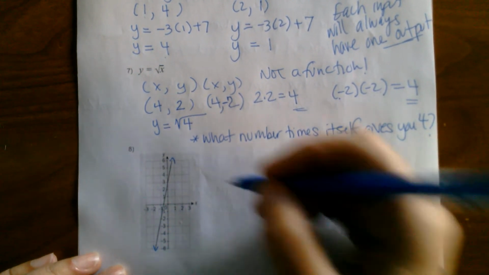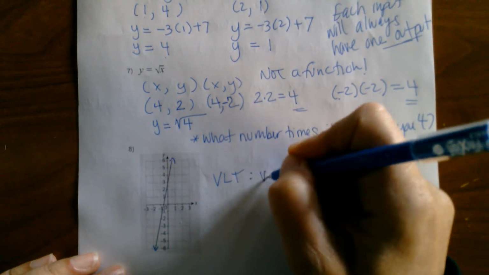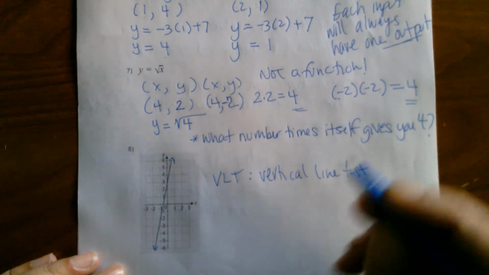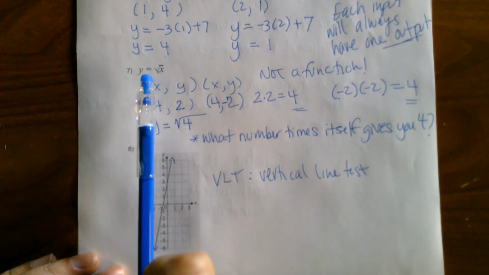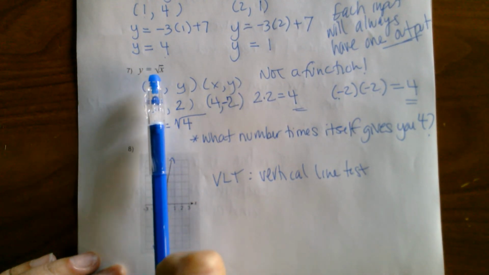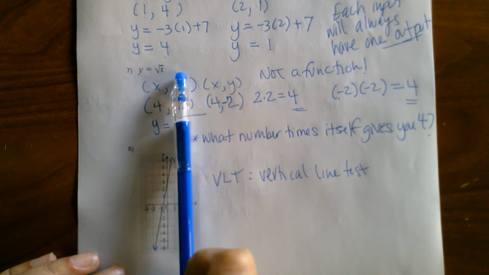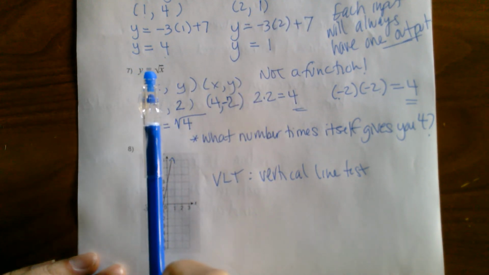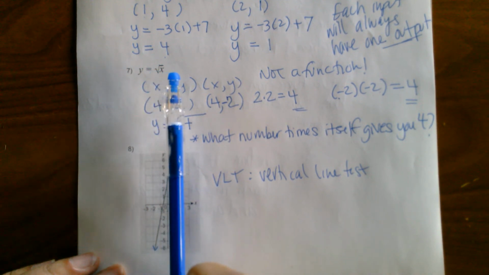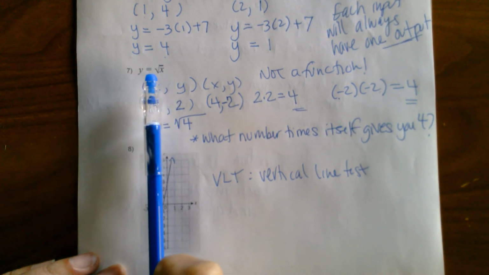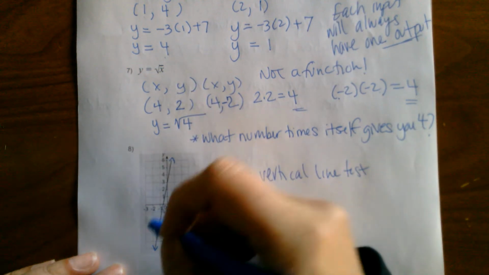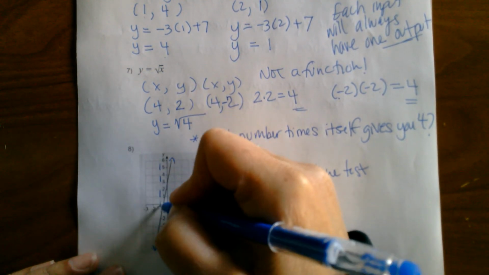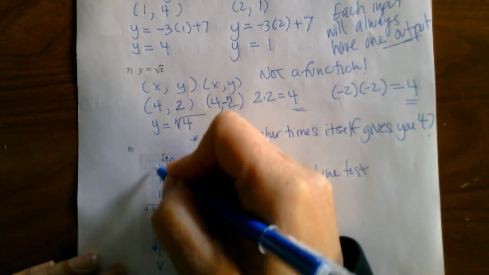The vertical line test, or VLT, what it says is we're going to take a vertical line and we are going to scan this document with it. And when we scan this document with my now blue pen, if my blue pen hits more than 1 point on this line, it is not a function. So let's see, my blue pen is scanning this right here.